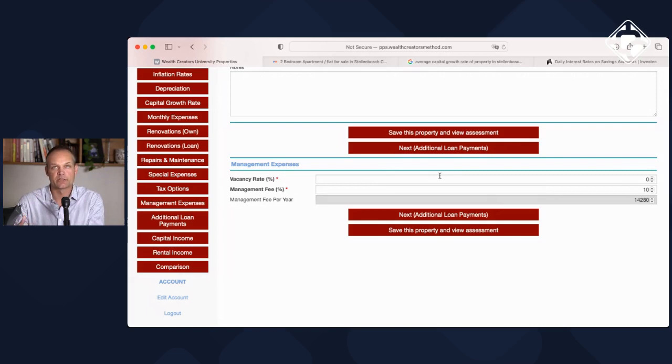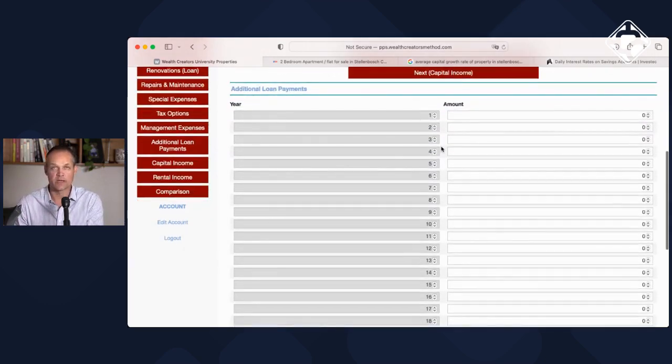You can budget for the property to be vacant for a month a year, but because it's in a prime position on campus and I'm targeting the student market, and every year new students will come, I worked on 0. Additional loan payments, are you going to pay off the bond quicker, yes or no? Let's leave it blank.